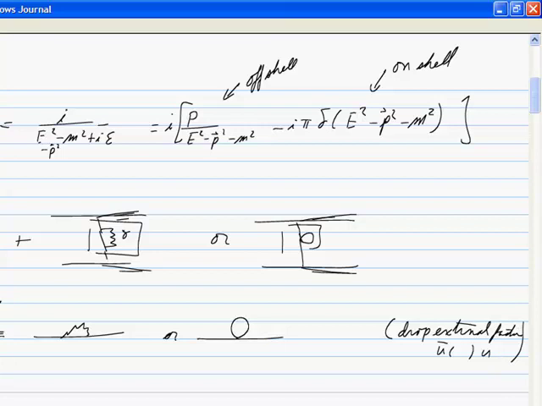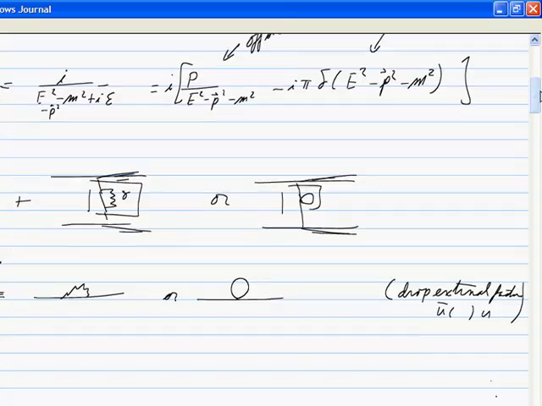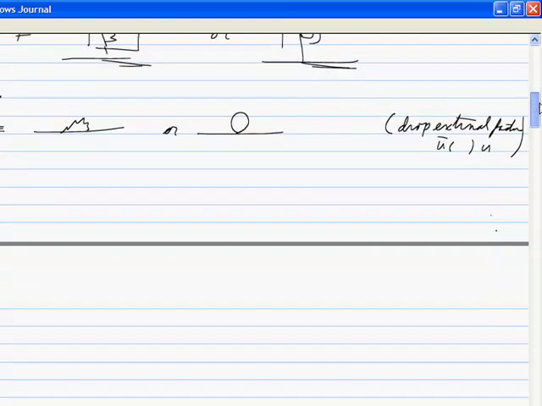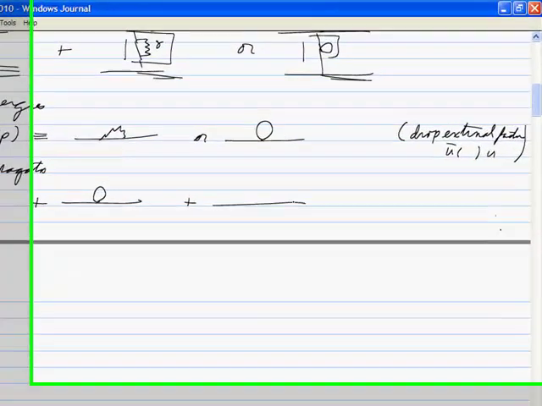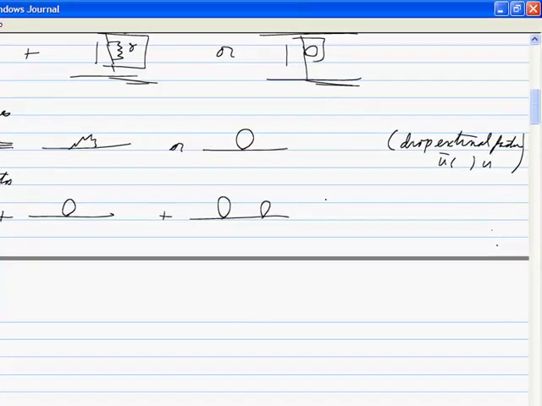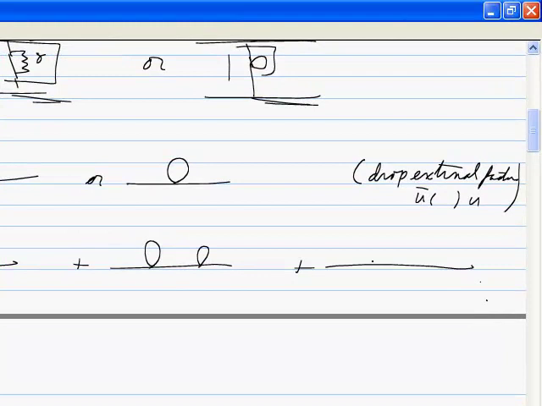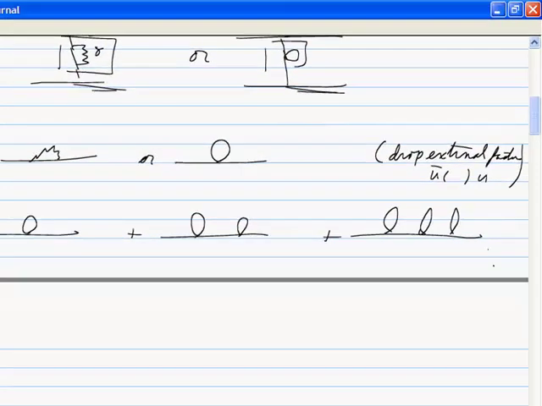Okay. So in general then, if you take the full propagator, you would take this picture plus this picture plus this picture plus this, etc. And then there's also corrections.